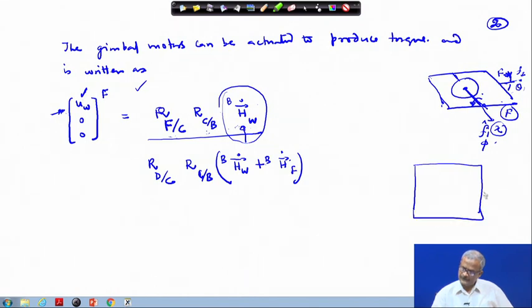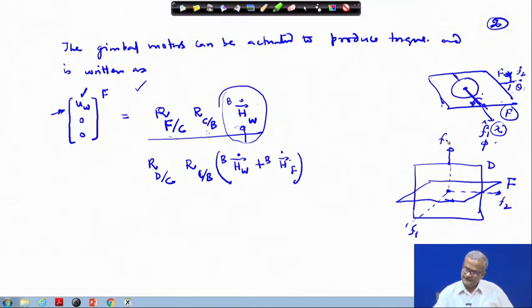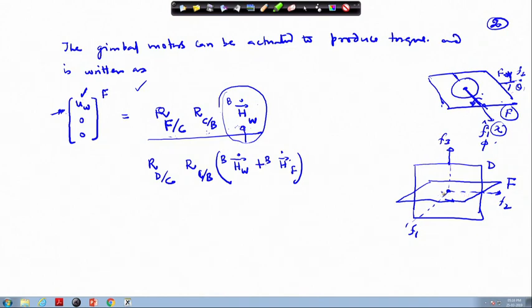So, we have the outer frame here, which we have written as the D frame, and then we have chosen the inner frame, which we have written as the F frame, and in this direction we have chosen F 1, F 2 and F 3, and also D 1, D 2 and D 3 have been chosen along this direction. So, D 1, D 2 and D 3.